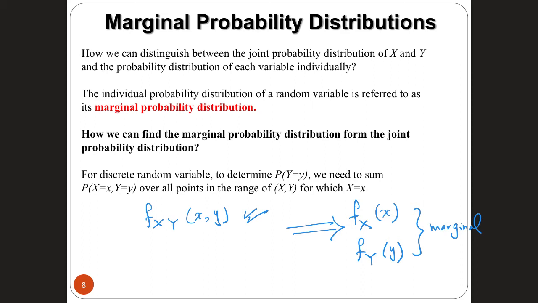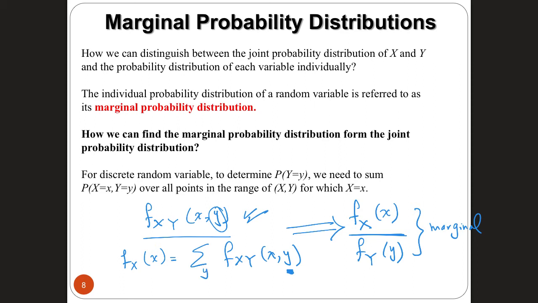It's very simple. If I have the probability of x and y, then if I want to get the marginal of x only, I sum over all the possible values of y. So if I want to get the marginal of x, this is equal to the summation of the joint, right, over all possible values of the random variable that I want to get rid of. I want to get rid of y, so I will sum over the values of y, right?